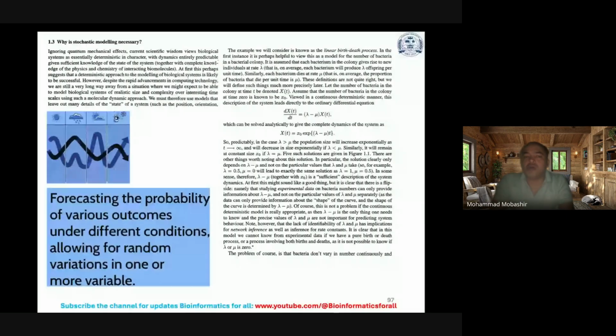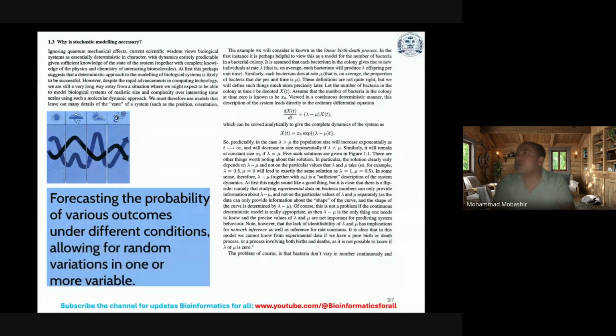It is to forecast the probability of various outcomes under different conditions. That means there might be certain factors which could influence, allowing for random variations. Here is one of the equations which I'm showing, for the linear birth and death process.